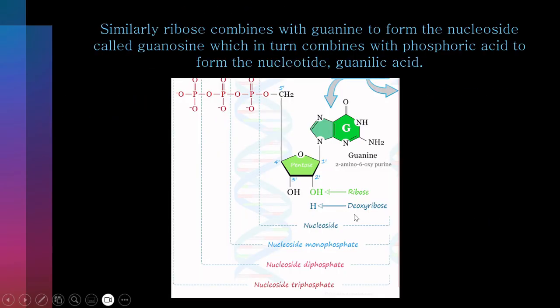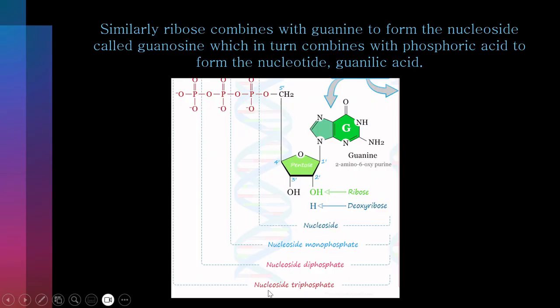Now, if we consider guanine, guanine with ribose is guanosine, which is a nucleoside, and then this combines with one phosphate unit to form a nucleotide known as guanylic acid, which is guanosine monophosphate. And if we add one more phosphate, it is a diphosphate. If we add 3 units, it is a triphosphate.